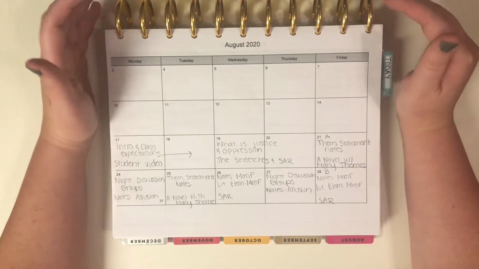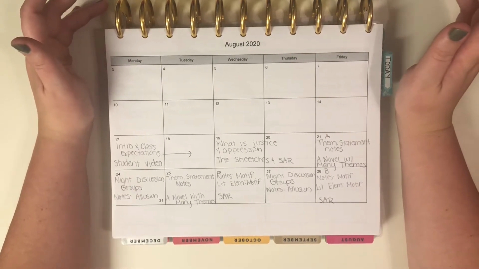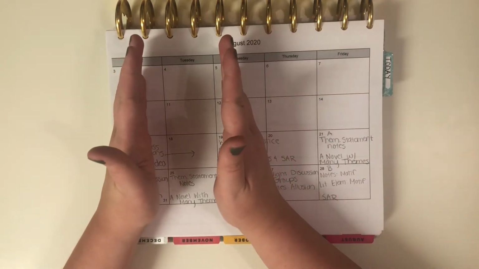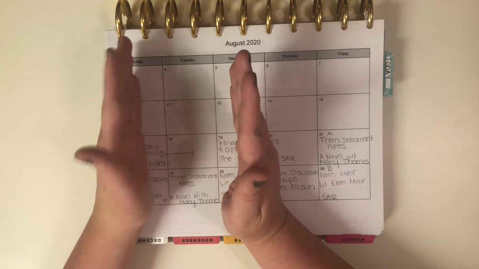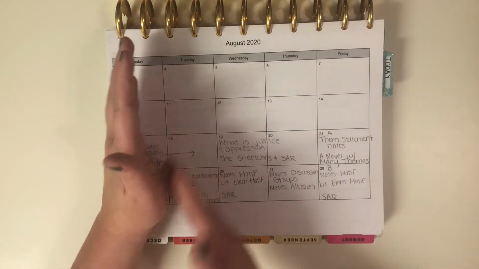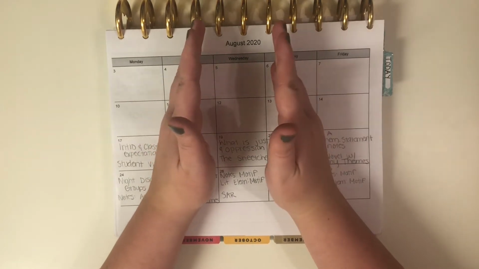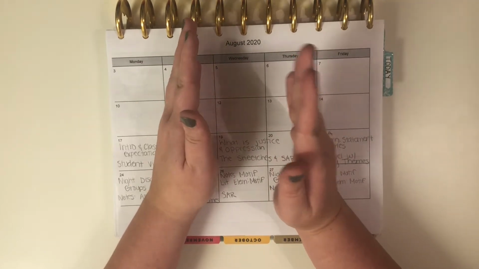The way that our school structures our block schedule is every Monday and every Wednesday are A-day classes. So every student that we have periods 1 through 4, we see every Monday and Wednesday. Every Tuesday and every Thursday are B days, so every student that we have periods 5 through 8, we see Tuesday and Thursday.